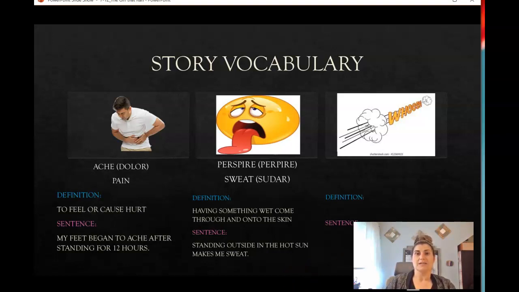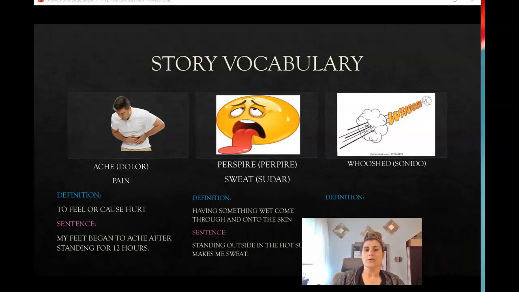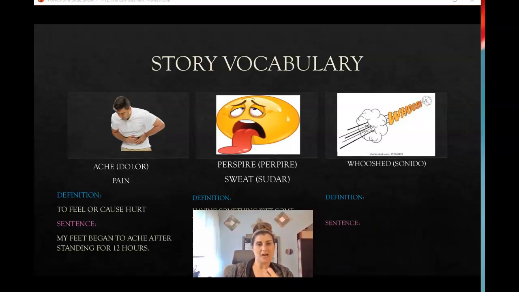All right. And the third one here is whooshed. Okay, so this is another type of figurative language where the word sounds like what it does. Okay, so whooshed. If you whoosh by somebody, you're going to go by them very quickly.